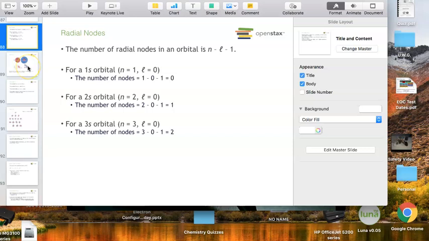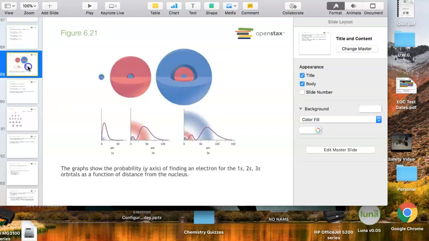All right, so we can see that better when we see this picture here. This graph shows the probability of finding an electron for 1s, 2s, and 3s orbitals as a function of distance from the nucleus. For the 1s orbital, you have the probability density of finding an electron at a certain distance in picometers away from the nucleus, so you have one peak.